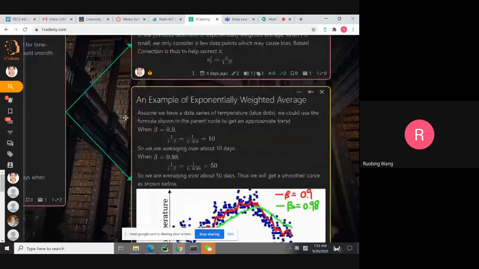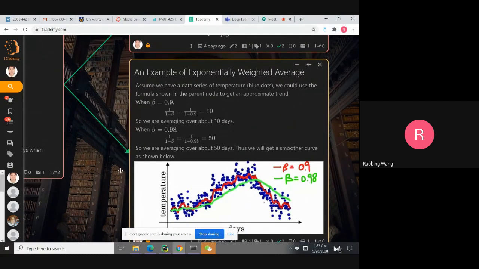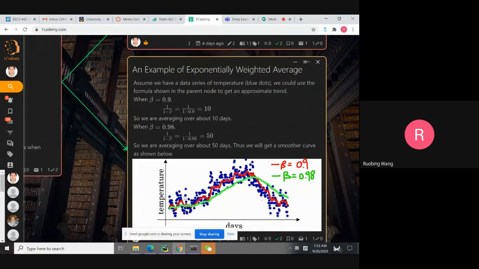And this part is an example of the exponentially weighted average. It might give you a better sense of how it works. In this figure, the blue dots are the actual data points, so the theta 0 to theta n as mentioned before. And the red curve and the green curve are the exponentially weighted averages with different beta values.